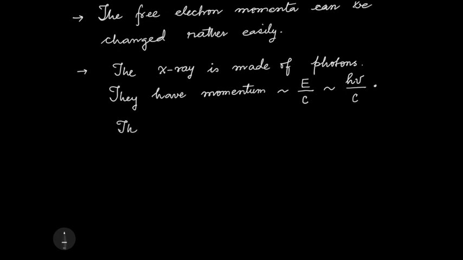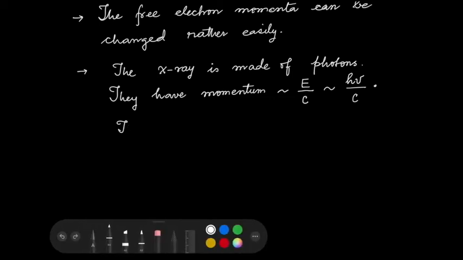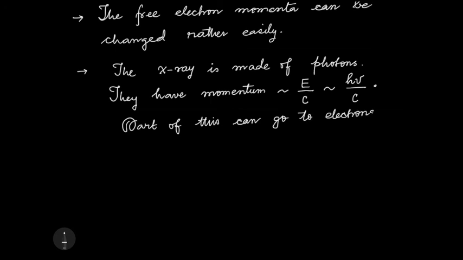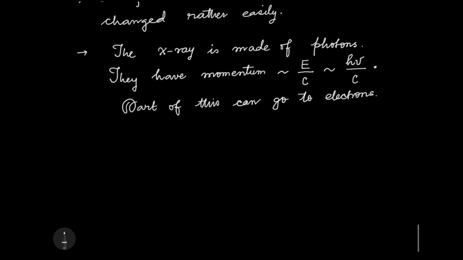Nice. So now scattering is happening, and part of this momentum can go to electrons. What happens if part of the momentum goes to the electron?